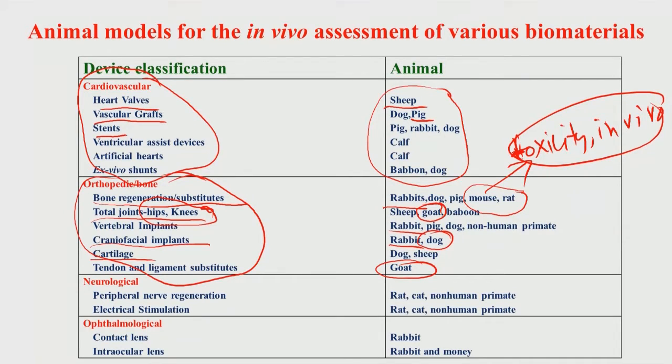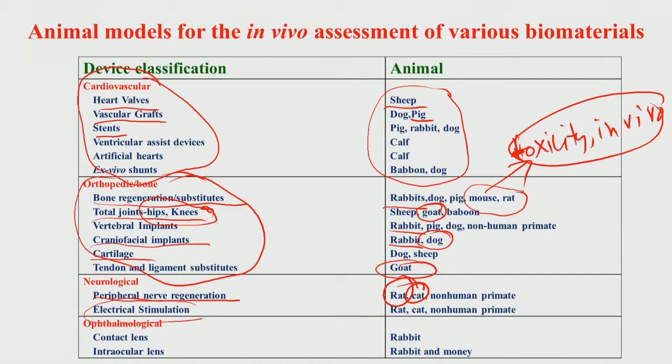The third level of application that has been summarized in this table is neurological. Now, in neurological, there are two types of implantation experiments people have done. For example, one can use a nerve conduit for peripheral nerve regeneration applications. There, even small animals like rat or cat model are useful.